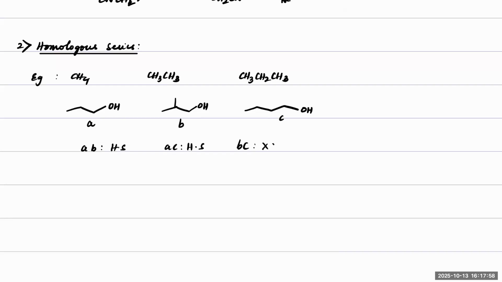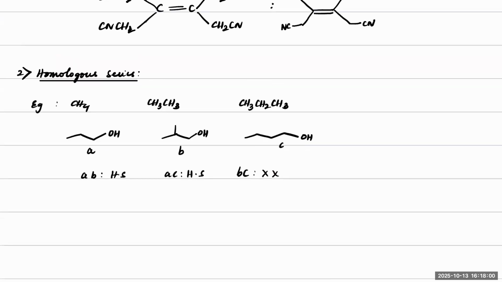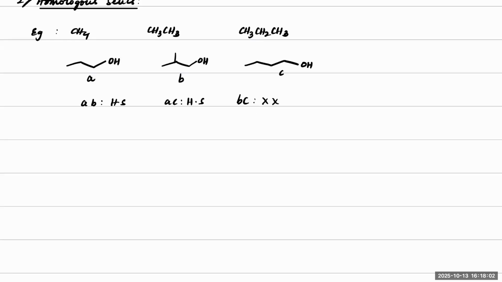I think this part makes sense. Any doubt here? I'm sure you must be aware of this homologous series before, so there should not be much problem with this part.